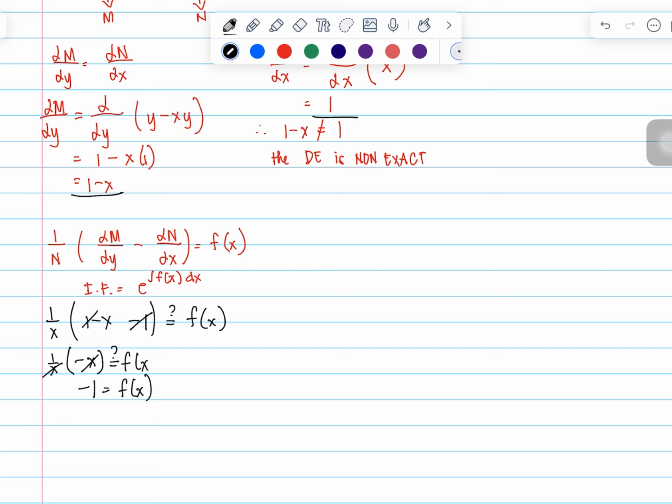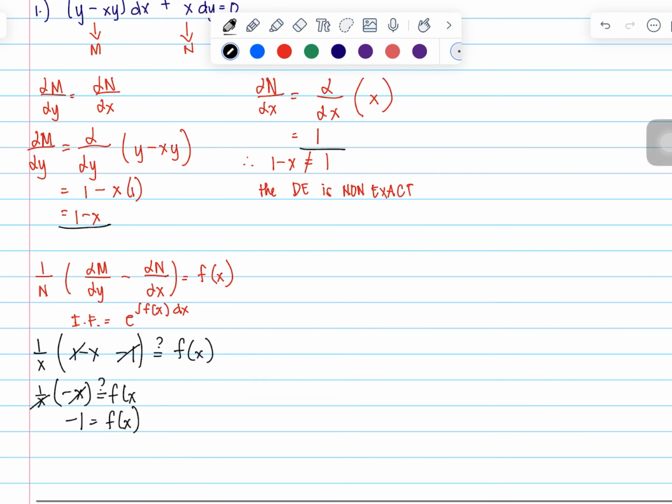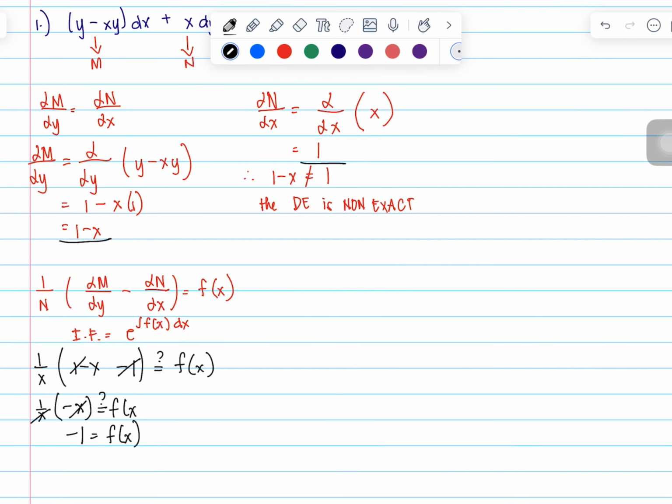So how do we know if we use the first equation or the second equation? Let's check. Let's do the second equation. The second equation was 1 over M times the partial derivative of M with respect to y minus the partial derivative of N with respect to x is equal to f of y, right?